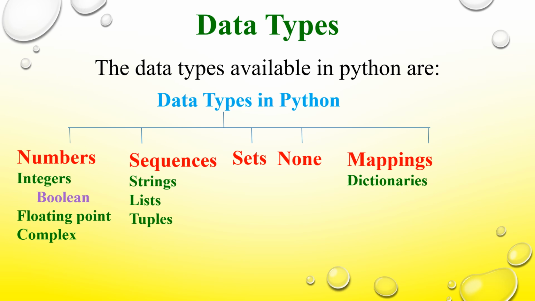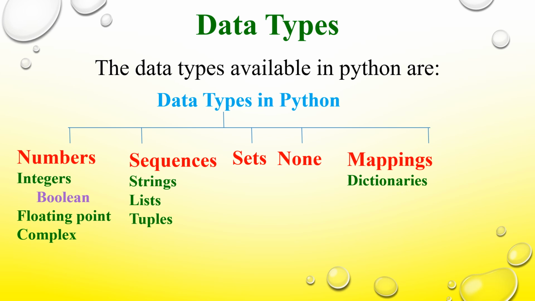In a list, each of the items is separated by a comma and written inside square brackets, whereas in a tuple, each of the items is separated by a comma but written inside small parentheses. And one major difference is that the tuple values cannot be changed.